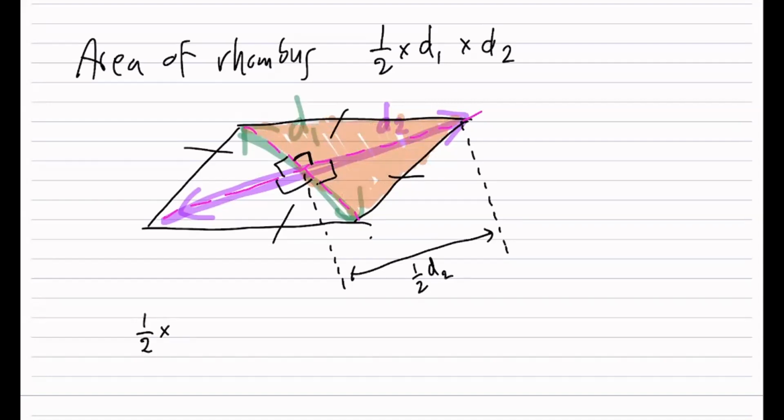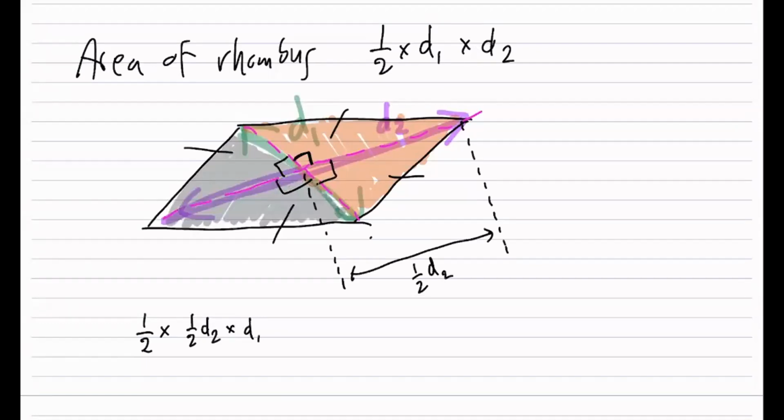Half times half D2 times D1. Okay, good. But what do you know about this other triangle here, the gray color triangle? It is half times half D1 times D2. It's the same.